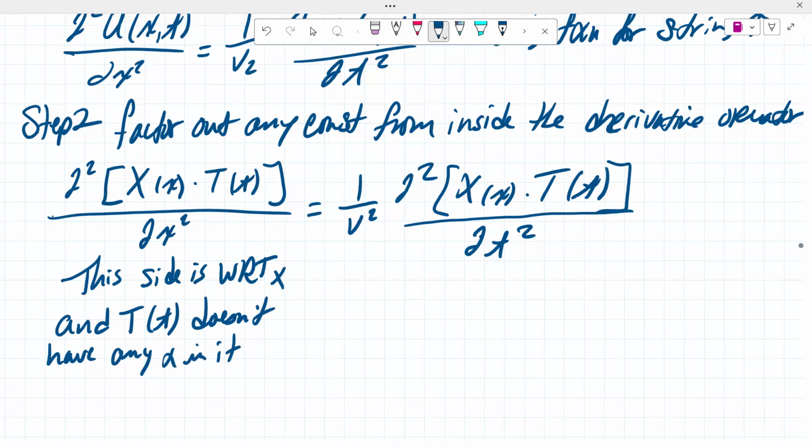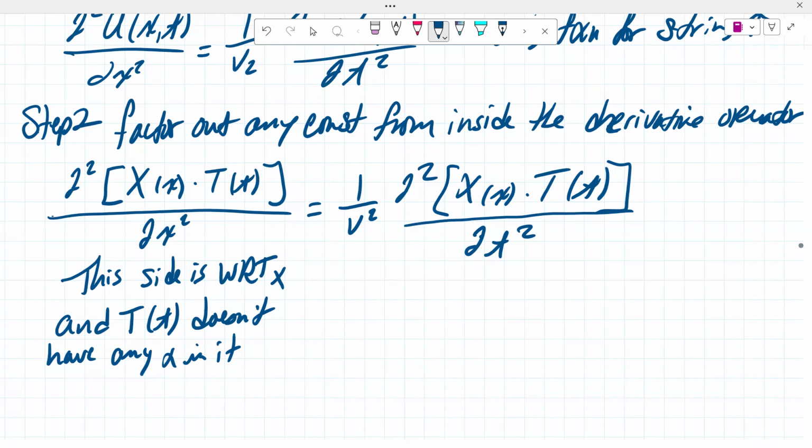Why does that matter? Because we said that step 2 is about factoring out any constants, and we were just talking about how we think about this in calculus. If T of t is a function with respect to t, and on this side we're taking the derivative with respect to only x, then T of t is basically going to be a constant on this side.